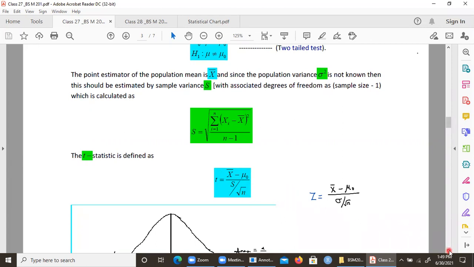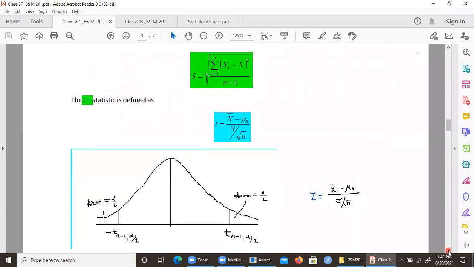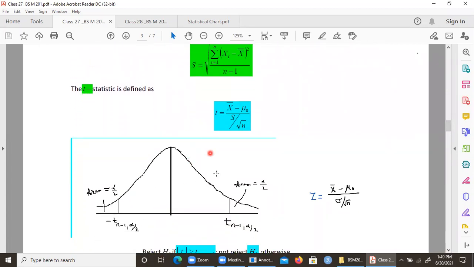Now let us proceed. As I told you, this T distribution just behaves like the normal distribution. So we have got the normal curve like this, and I have drawn two vertical lines over here. This picture I have not copied from anywhere. I have drawn it in Microsoft Paint.